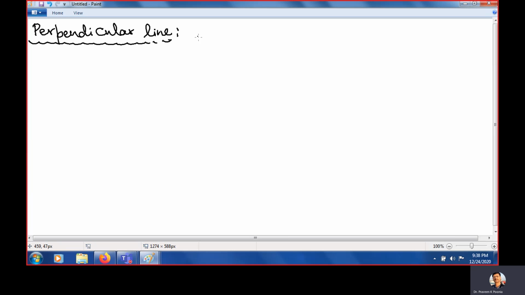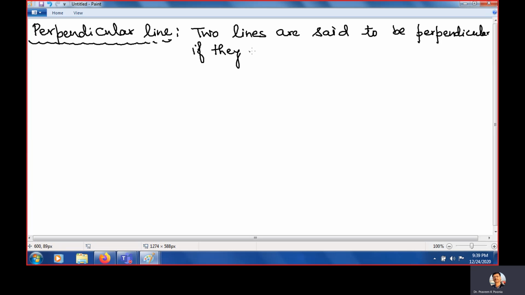Perpendicular lines means two lines are said to be perpendicular if they intersect at a 90-degree angle.